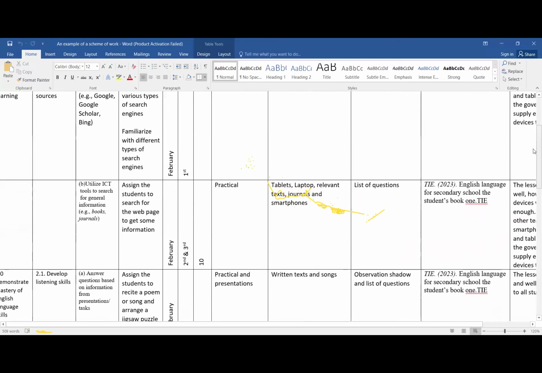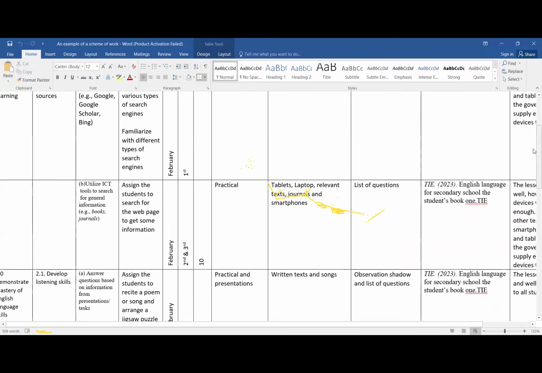Assign the students to search for the web page to get some information. Once you go to the practical, it is really practical, the students are the ones supposed to search for the information. So we are not using the words to guide, to lead, maybe to assign.